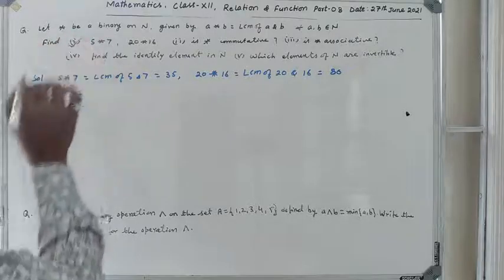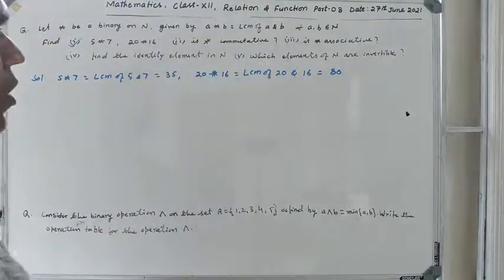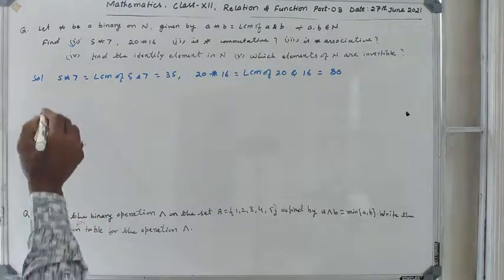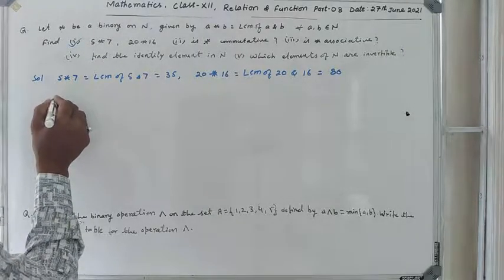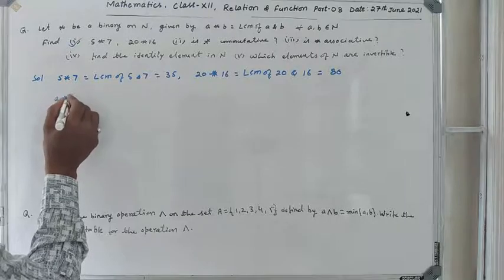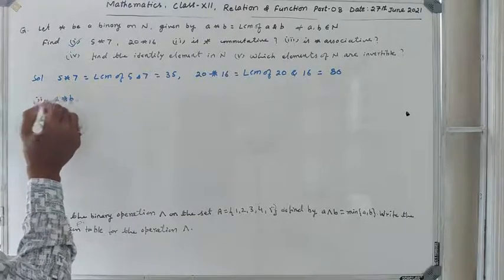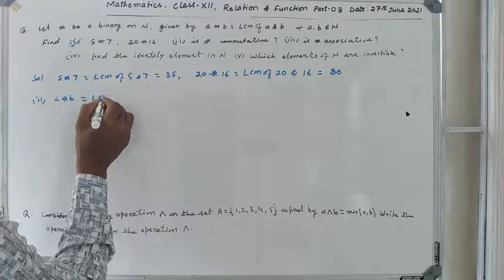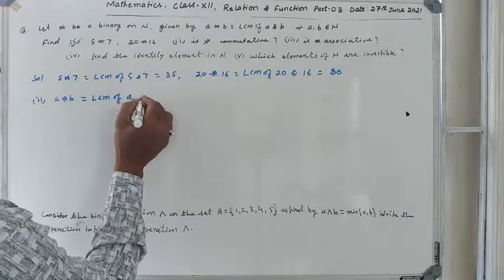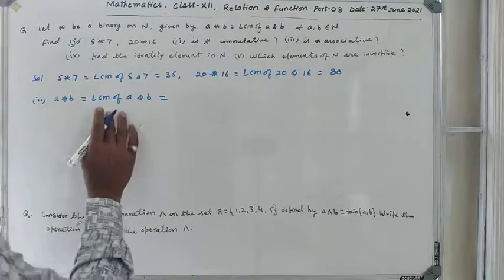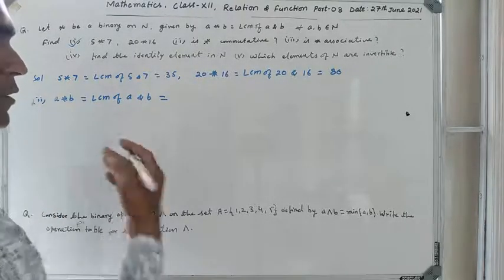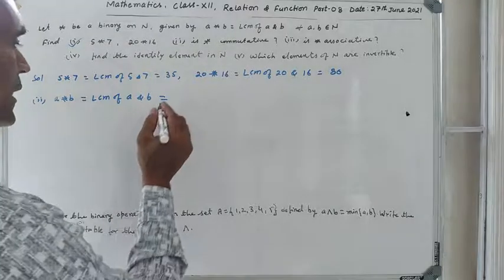So that is the first question. Now second, is this operation commutative? We have to judge, or we have to say whether it is commutative or not. So for commutative, you start: a star b is equal to LCM of a and b. Now we can change its order. LCM of a and b is equal to LCM of b and a.